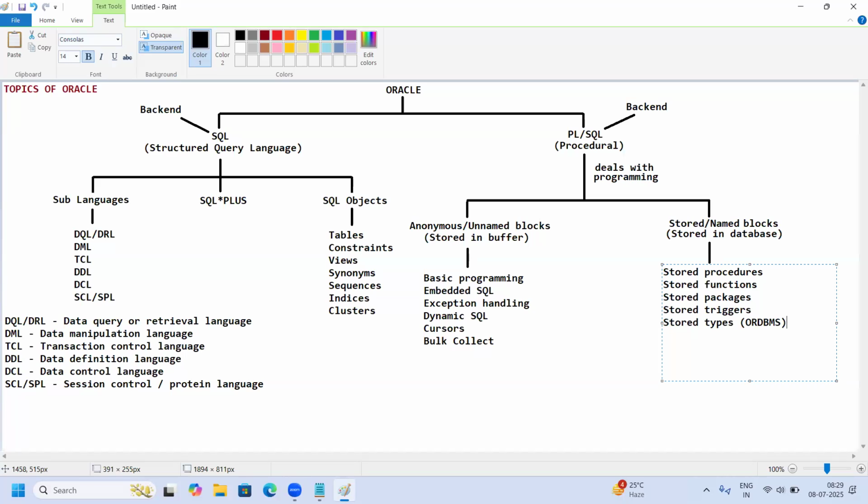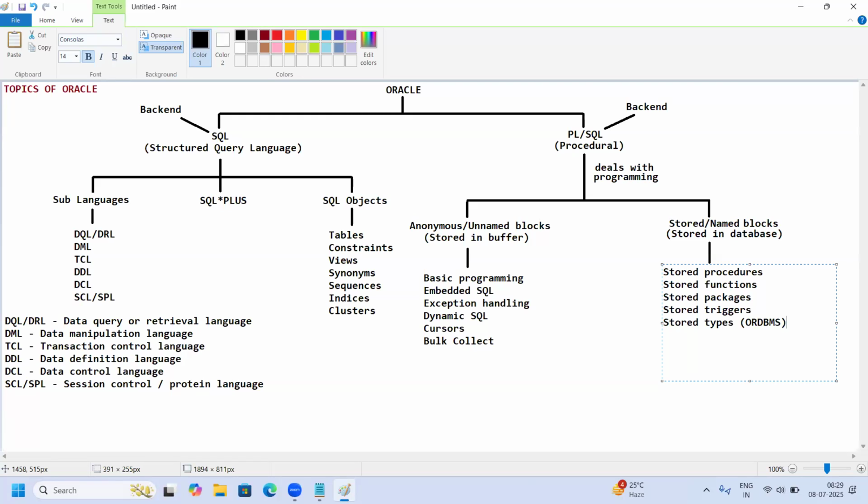We learn what function overloading is, that is called method overloading, and all those things. We also learn about collections. Those things will be discussed under the topic ORDBMS. So this is the plan for our content, what we are going to cover.